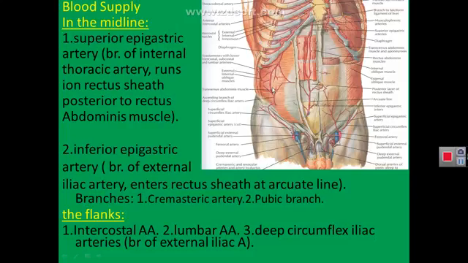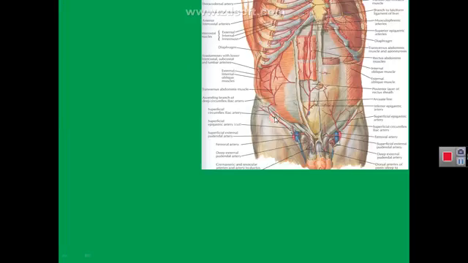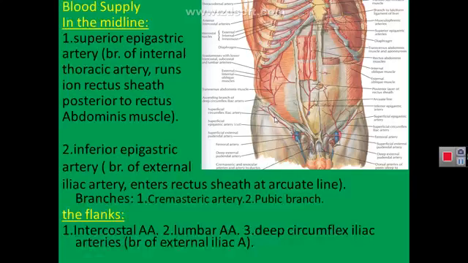Arteries in the flanks, the second group, includes intercostal artery, subcostal artery, lumbar arteries, deep circumflex iliac artery, which is a branch from the external iliac artery.